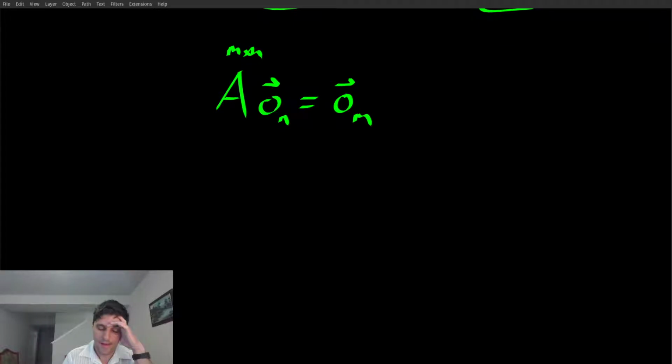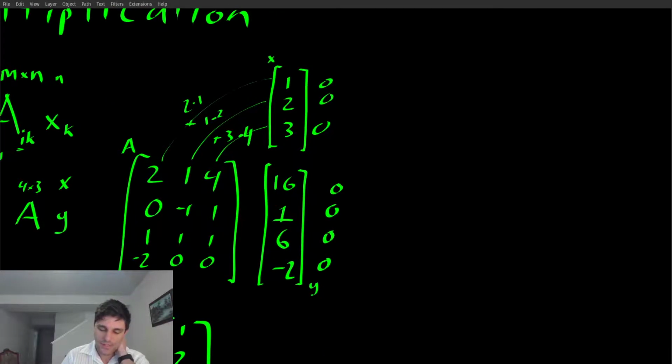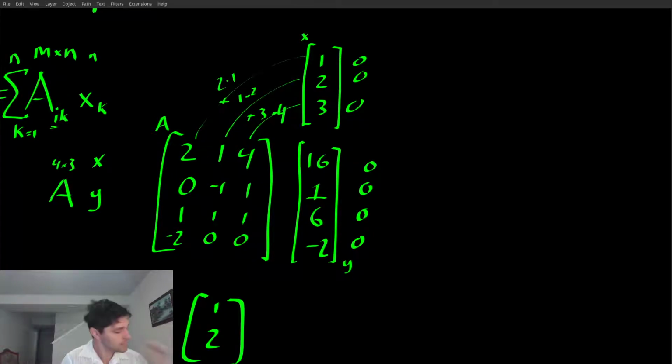If you have a unit vector, so let's say I have A times e_j for some j. Okay, well, what is that going to look like? So imagine here, let me get rid of all these zeros now.